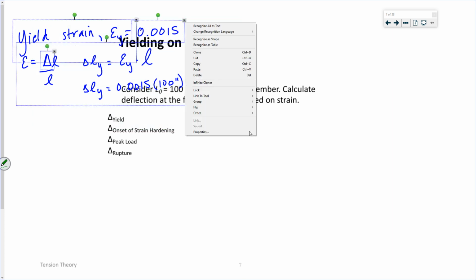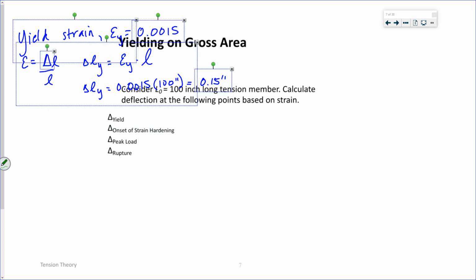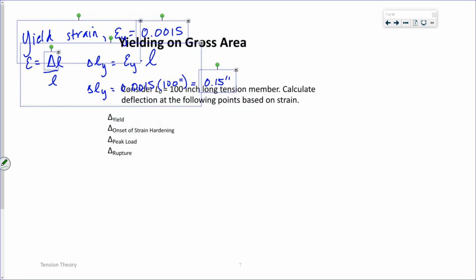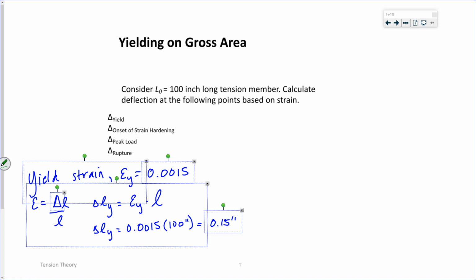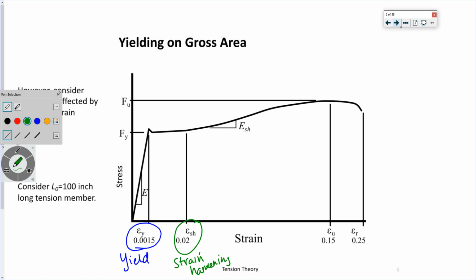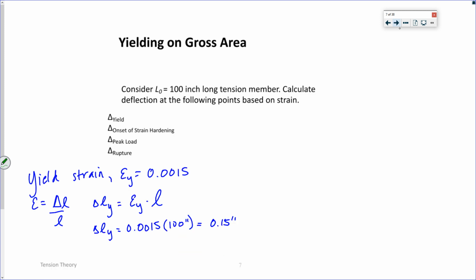If I look at strain hardening, my strain associated with strain hardening, epsilon_sh, is 0.002.